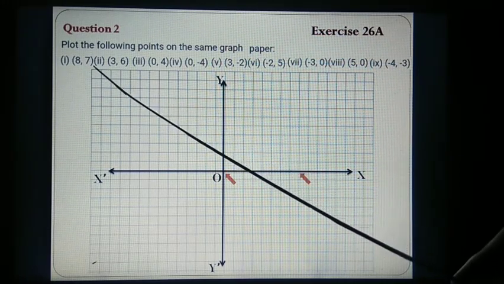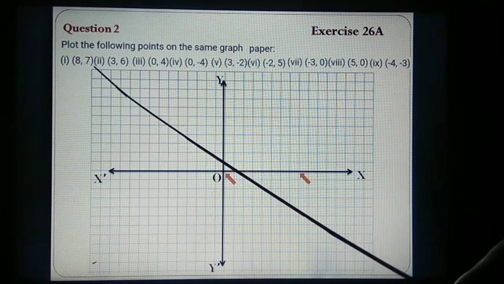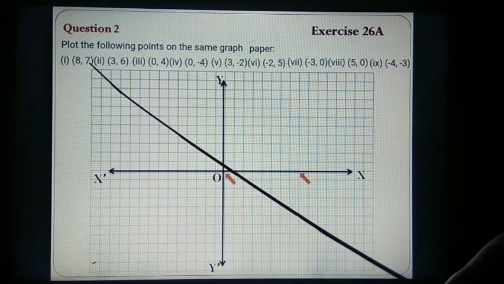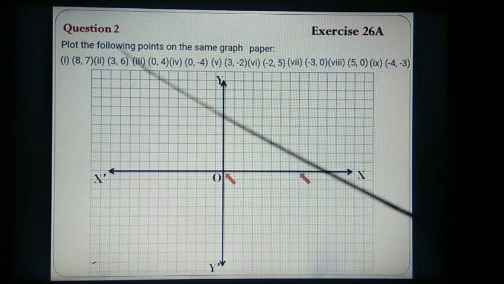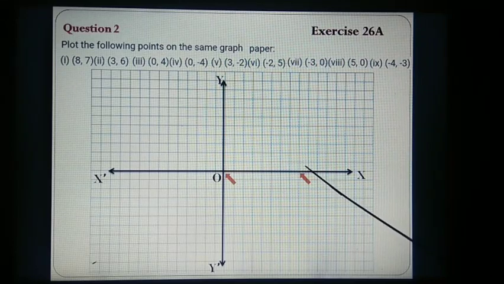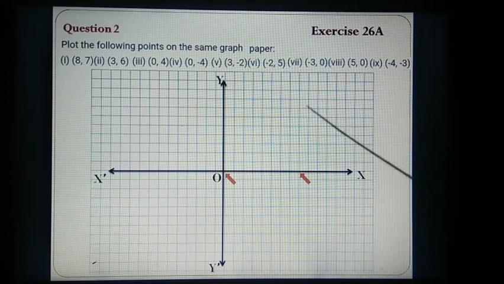Now you have to see how much your ordinate y is, so you have to move along the y direction, that means you have to move vertically for 7 units. So 7 steps you have to move: 1, 2, 3, 4, 5, 6, 7. Till here you have to move, right? So this gives you 7.